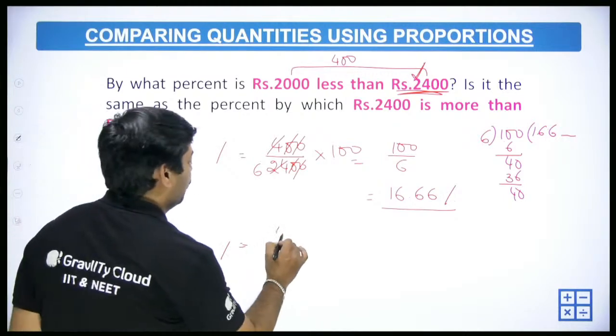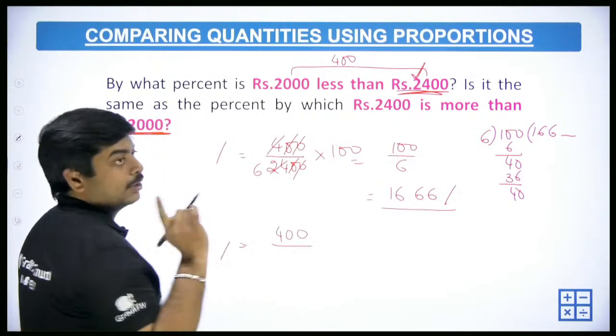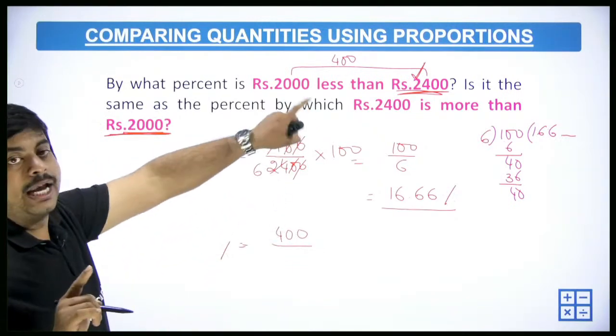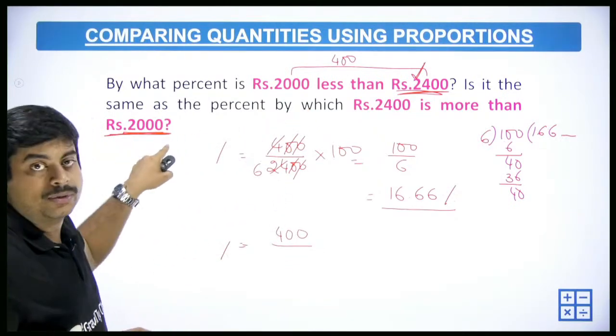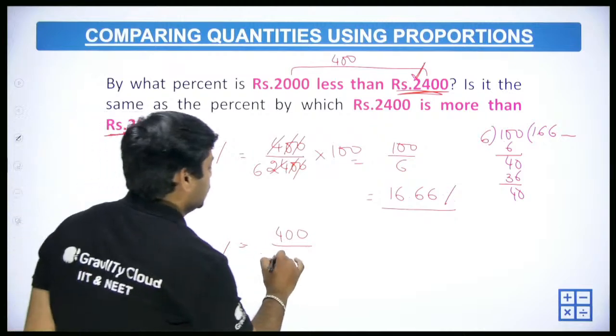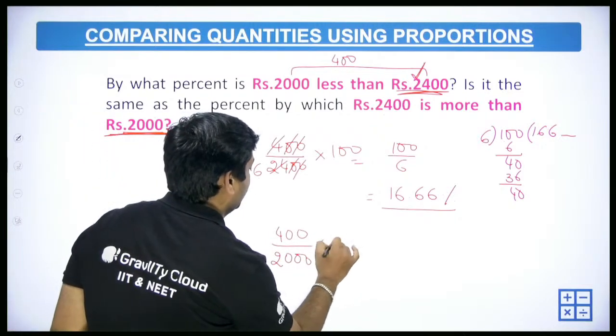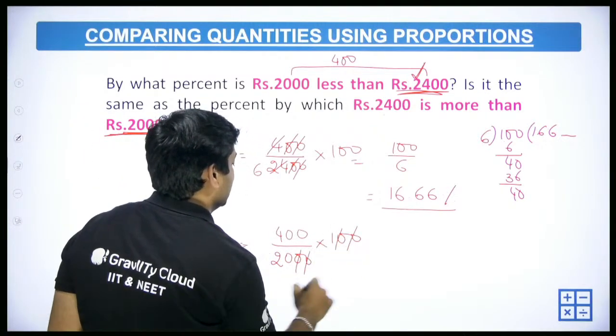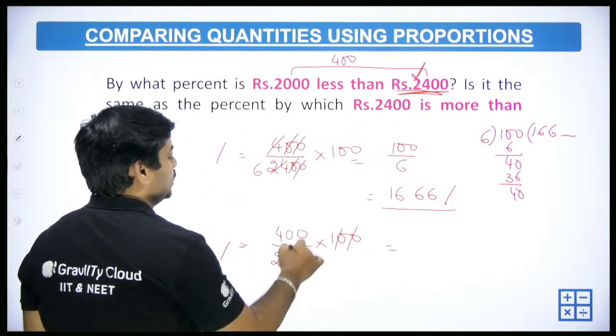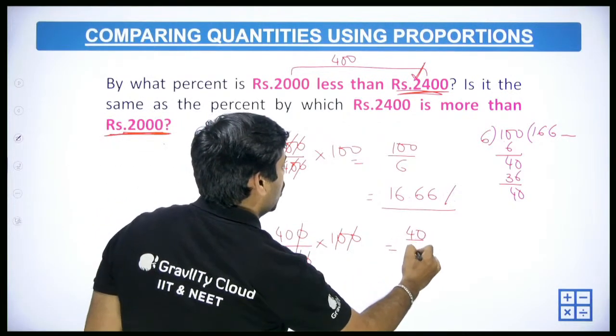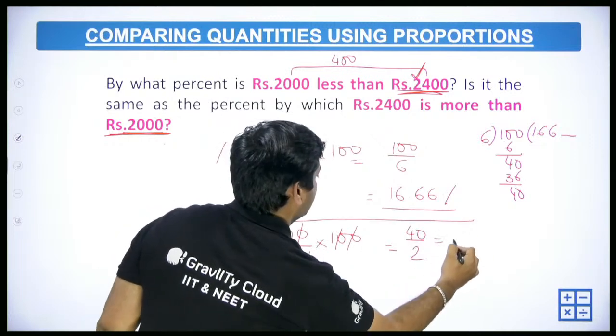So 400 by, now it is very important, again don't get confused, the comparing quantity is 2000. So 2000 into 100. The zeros get cancelled. 40 by 2, which is 20%.